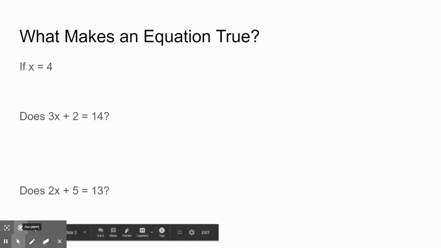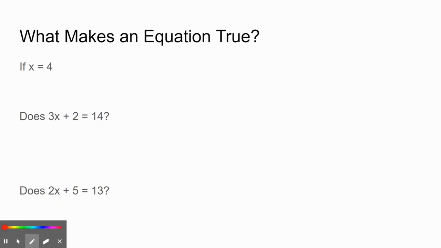So, if we look at this problem, we know that x is equal to 4. If we know that x is equal to 4, we want to check, does 3 times x plus 2 equal 14? The best way to do so is just to substitute your x with a 4. So we're going to rewrite our expression like so.